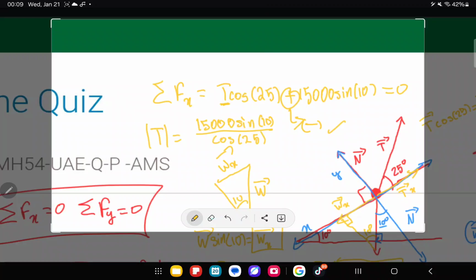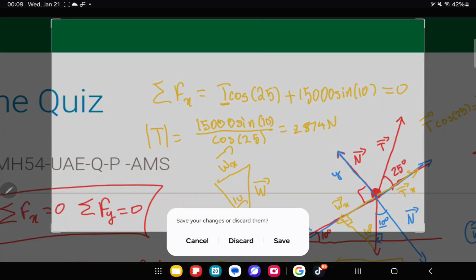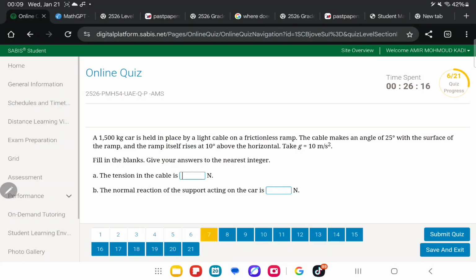That also works, but plus is better, and then you can just ignore the negative, whatever you like, as long as you finally get this answer. You get 2,874 newtons as a whole integer. Basically, the value is 2,874. It's 2,873.99, but that's very close and approximate to 2,874.